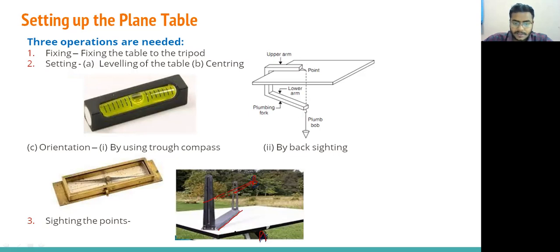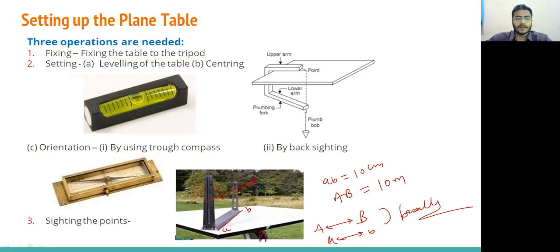We can write, representing station A on the sheet, a small a, and representing station B by small b. We can write that a b is 10 centimeter, for example, or a b is equal to 10 meter. This is called sighting.